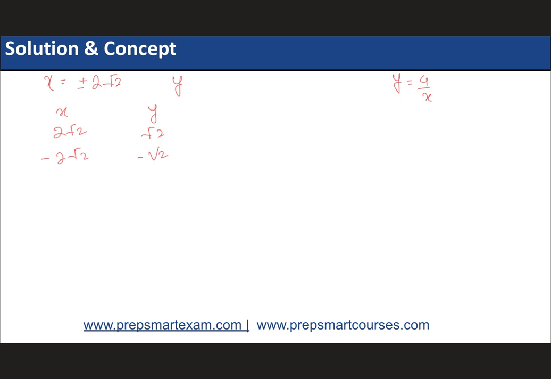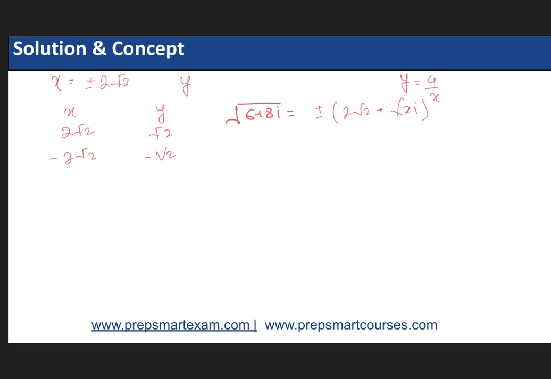So basically, if I want to sum up, the square root of 6 plus 8i is nothing but plus minus of 2 root 2 plus root 2i, right? Because our x part was real and our y part was imaginary. This is what we essentially get.